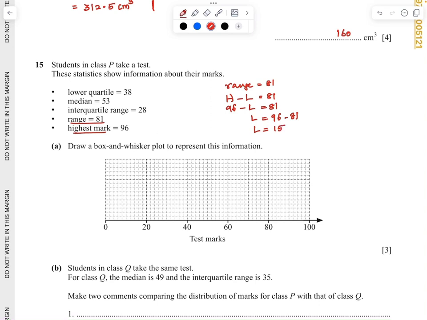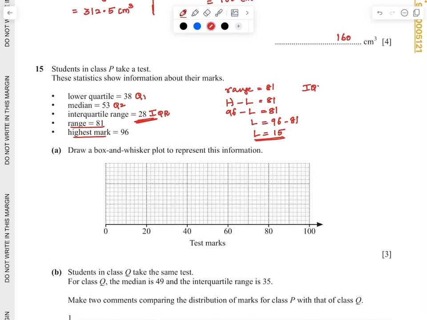So the lowest mark is 15. IQR is equal to 28, that is Q3 minus Q1 is equal to 28. Q1 is 38. So Q3 becomes 28 plus 38, that is 66.